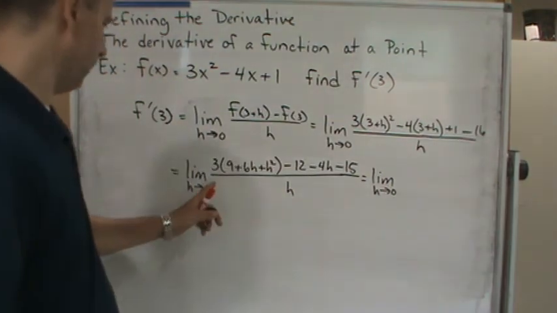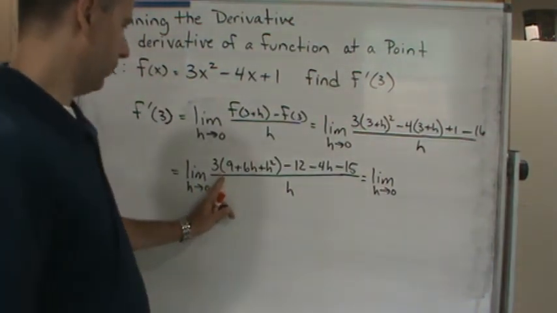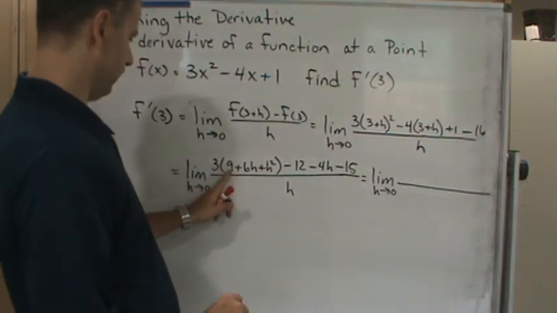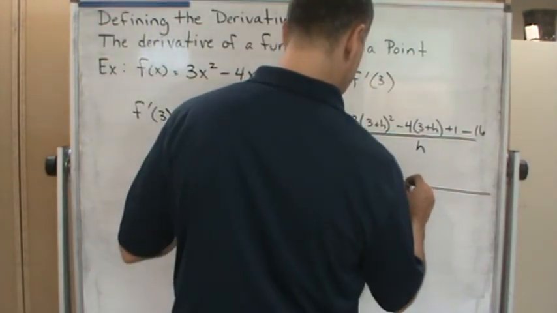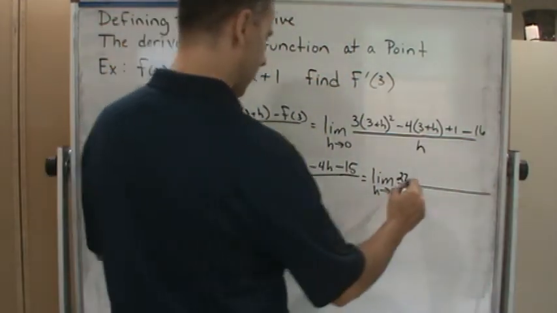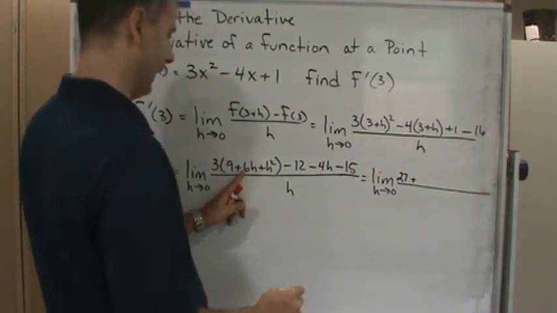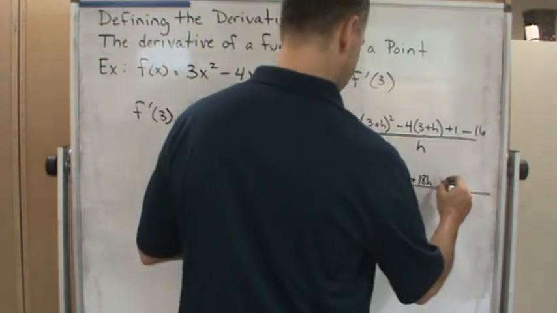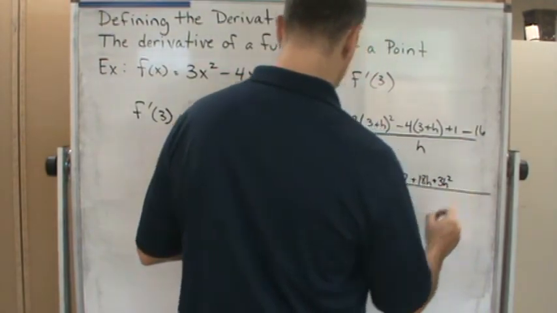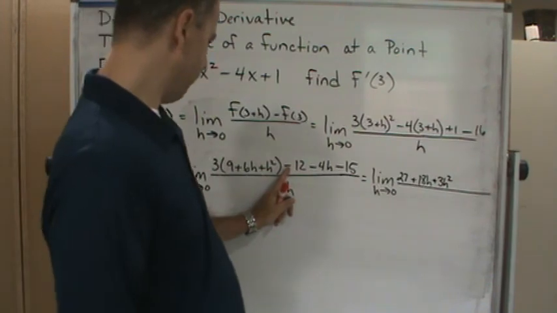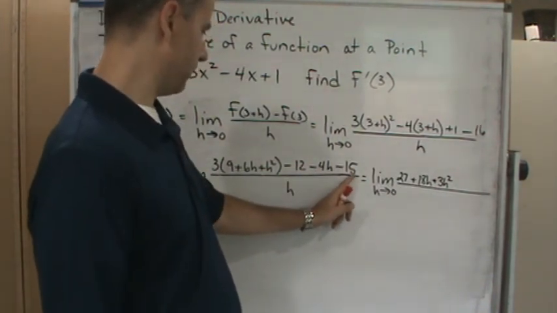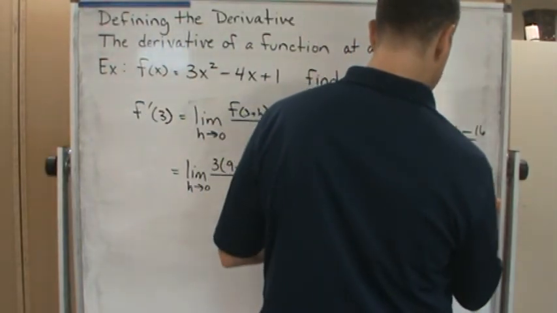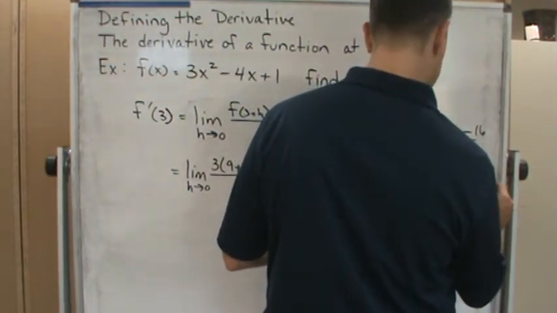Now, I'm going to expand this out and simplify it. So I get 27 plus 18h plus 3h squared. And here I get a minus 12 and a minus 15, which gives me minus 27. So I get a minus 27 minus 4h.